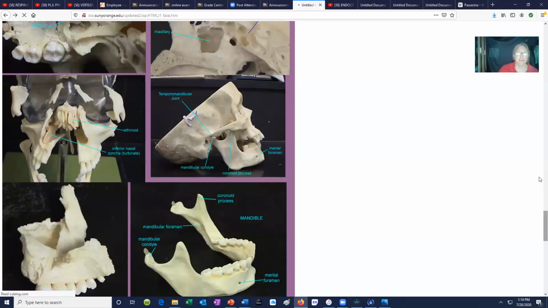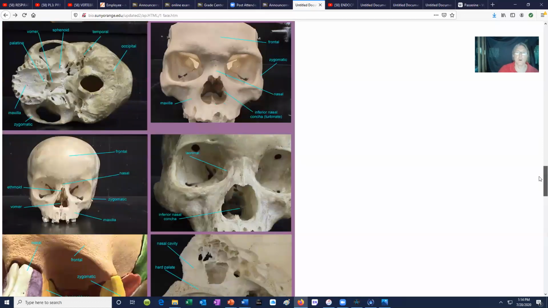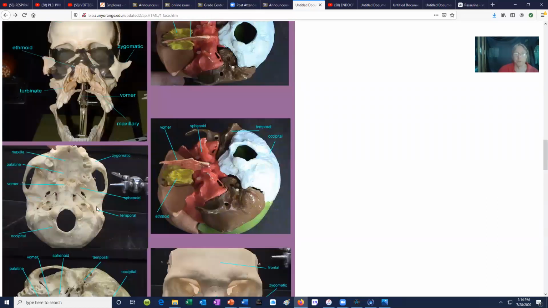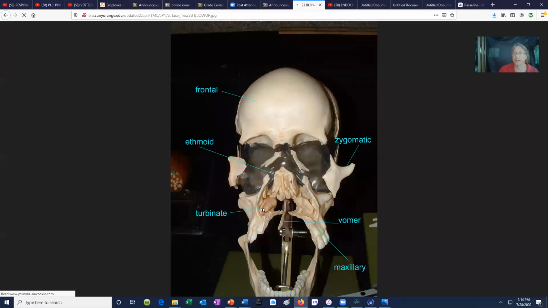So it is known as the turbinate, or the inferior nasal concha. So of the three plates sticking out into the nasal cavity, the inferior one is its own separate bone. Once again, the inferior nasal concha, or turbinate. The nasal cavity is split into two lateral halves because of a nasal septum.